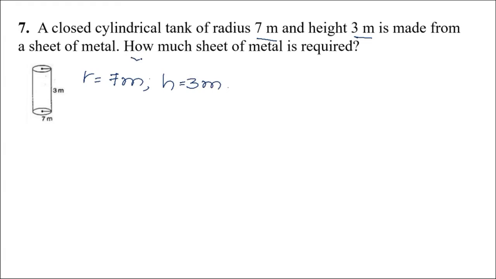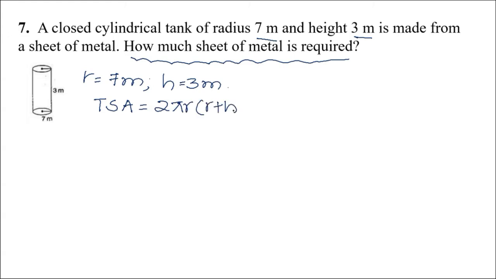Since we need to find the total sheet of metal required, we need to find out the total surface area. For a cylindrical tank, the total surface area is given by 2 pi r into r plus h.